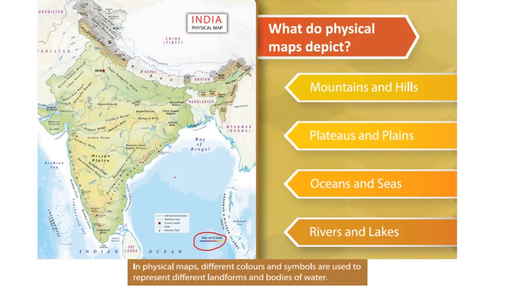Now in physical maps, you see the different colors; this is not in black and white. First thing to observe is not to scale. Next thing, different colors. What do they mean?